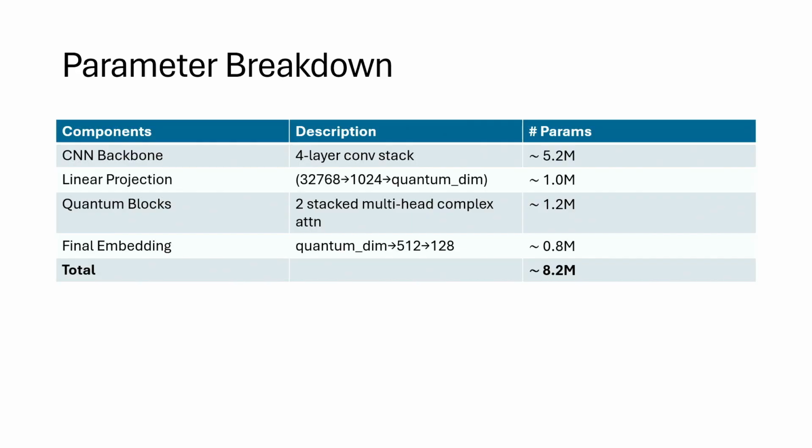If you look at how many parameters this model has, it sits at 8.2 million parameters. Compared to the others, the lightest model is about 20 to 25 million parameters, and some even reach 50 or 100 million. That gives you a picture of how lightweight this really is.